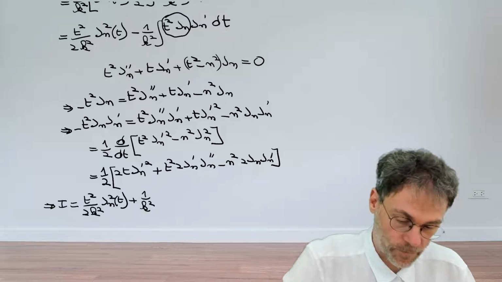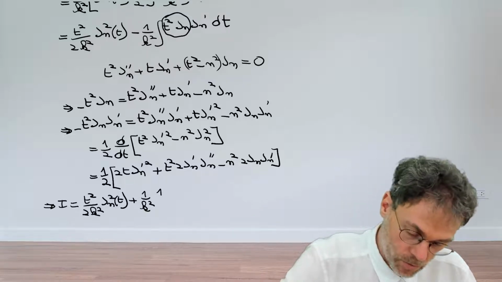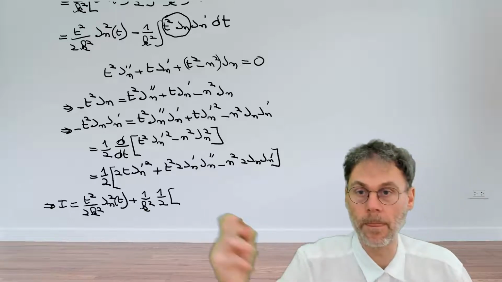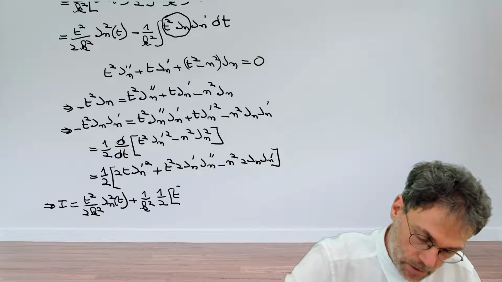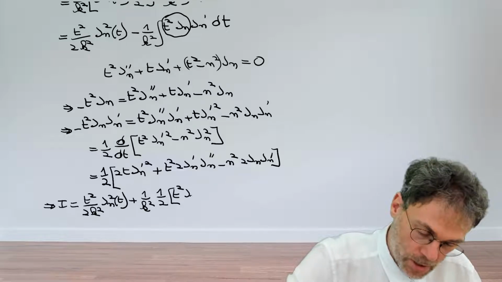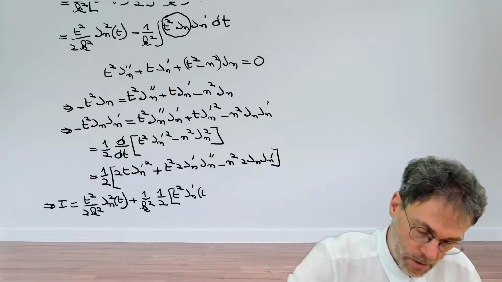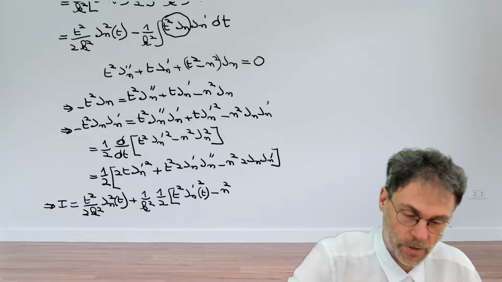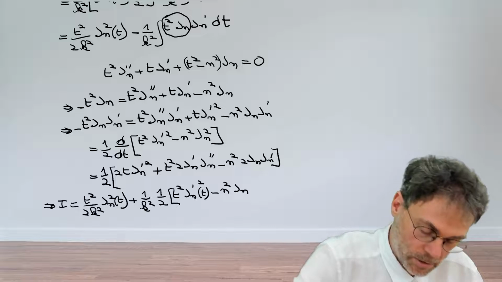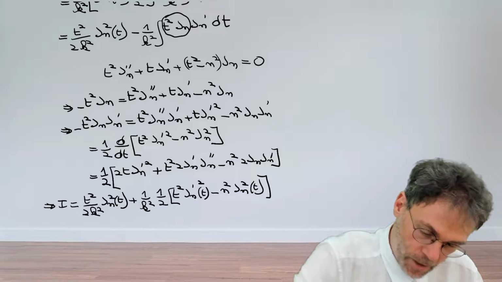So we have 1 over 2, and then we just copy this thing here. So t squared jn prime of t squared minus n squared jn squared t.